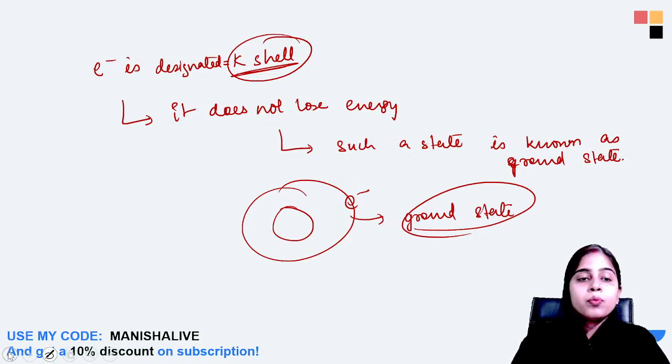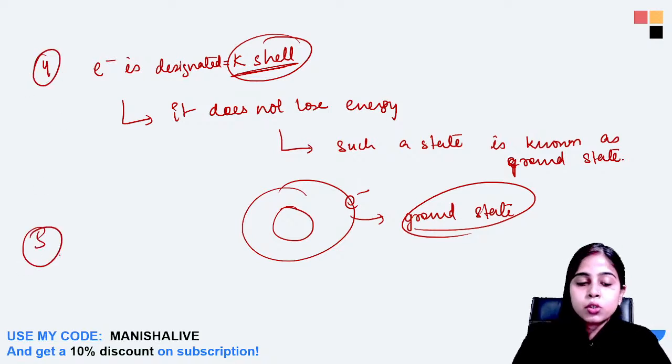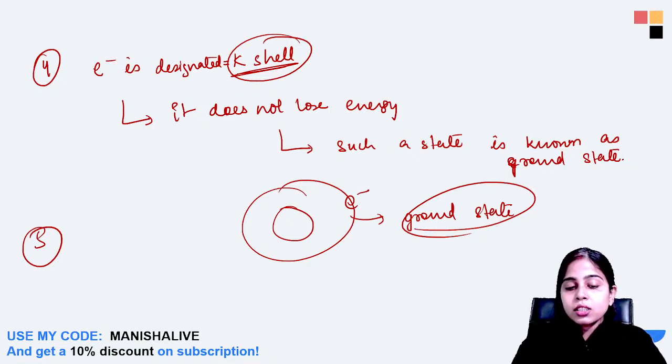And one more postulate of Bohr's atomic model, the fifth postulate, which is not given in your book, I would like to discuss. Whenever your electron loses energy or gains energy, what happens? It either jumps to a higher energy level or jumps to a lower energy level.